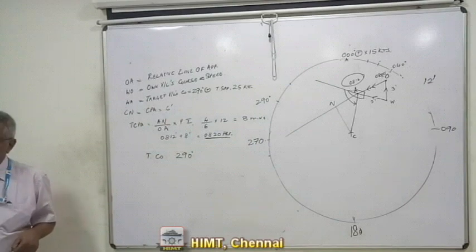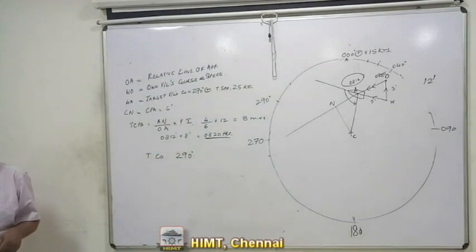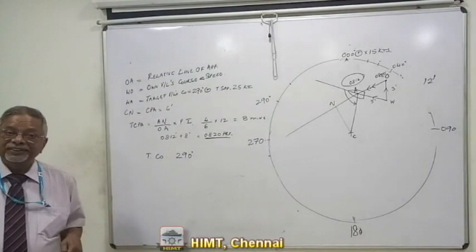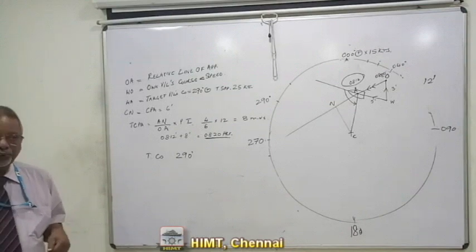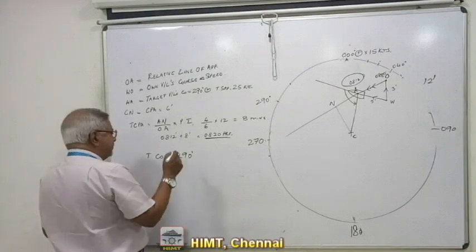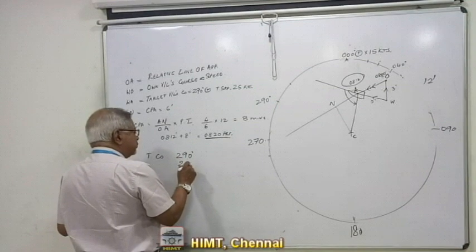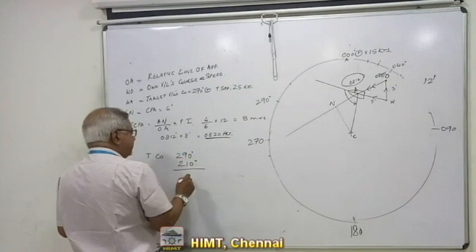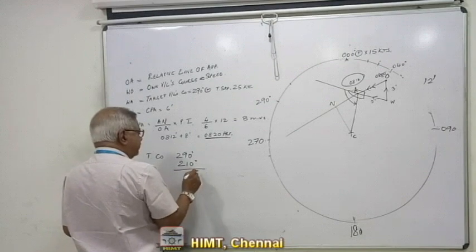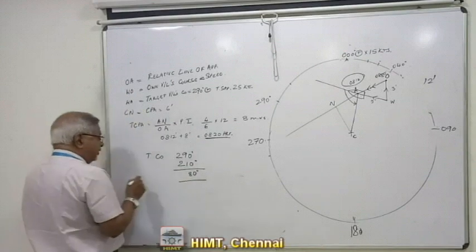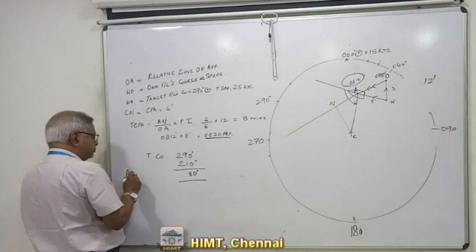The reverse of your target's bearing 030 is 030 plus 180, 210. So the reverse bearing is 210. The difference from 290 is 80 degrees. Okay, this is your aspect.